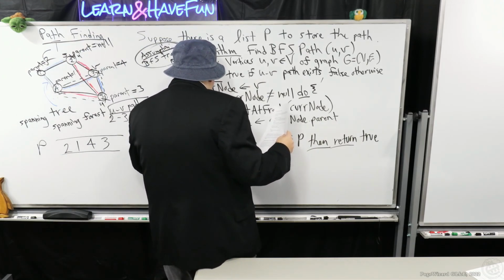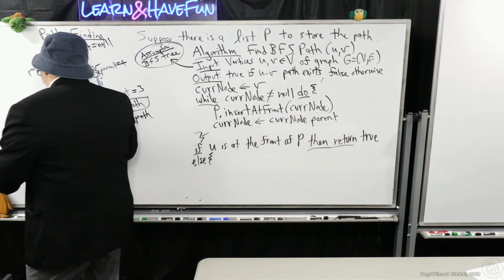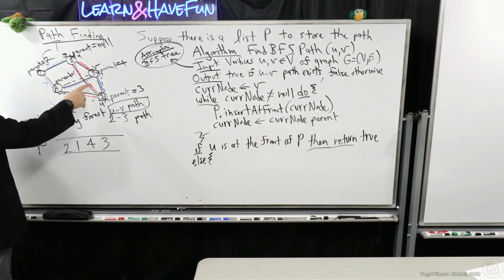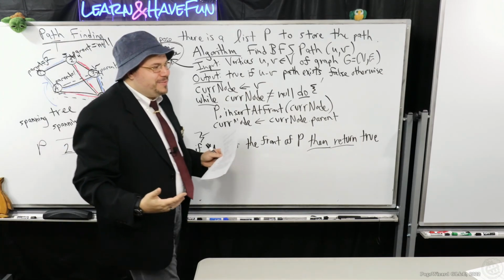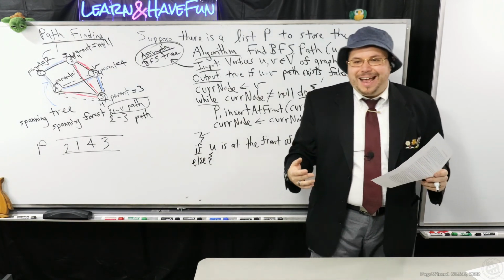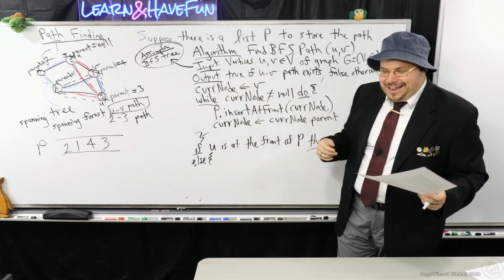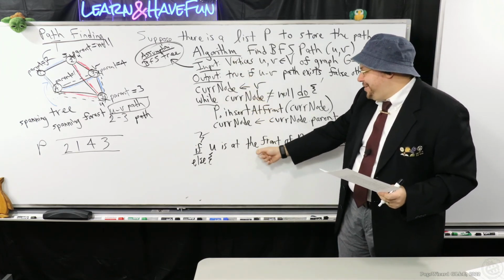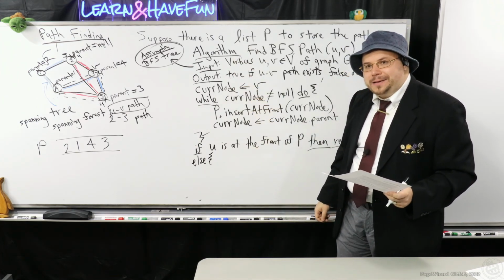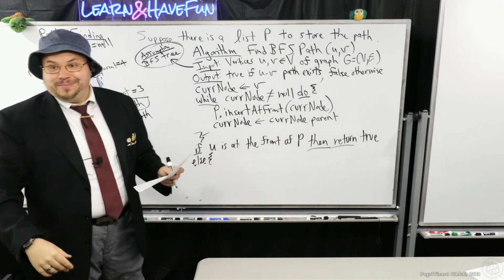Otherwise, we have to do some cleanup. Because remember, it may be the case that we start off V somewhere and then it just dies somewhere. It just keeps following its parents and then it gets killed somewhere along the lines. It couldn't reach U because U was not at the front of P. So that means we need to clear out that list.